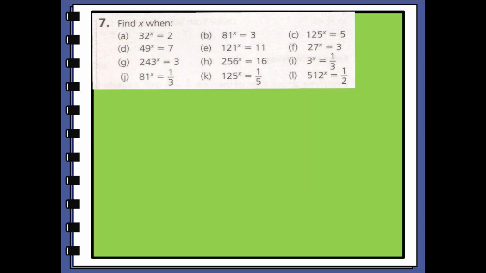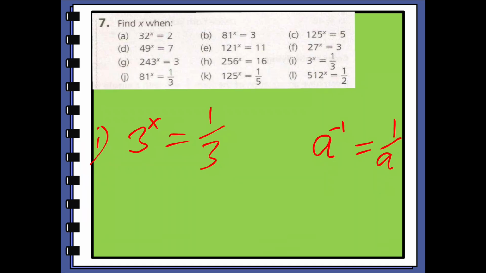So for I, it says 3 power x is equals to 1 over 3. Now let me remind you that according to the rules of indices, a power -1 means that the number is a positive fraction like this.